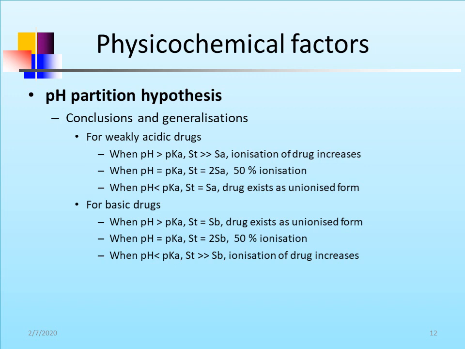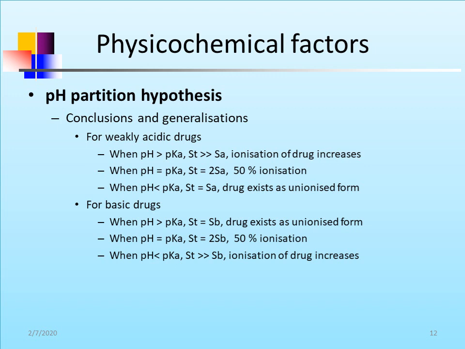When the pH is equal to pK, St is equal to 2Sa and there will be 50% ionization. When pH is less than pK, St is equal to Sa and almost all the drug exists in unionized form.